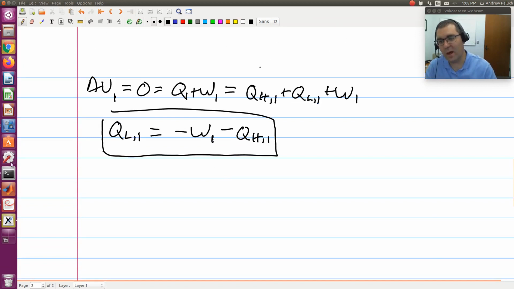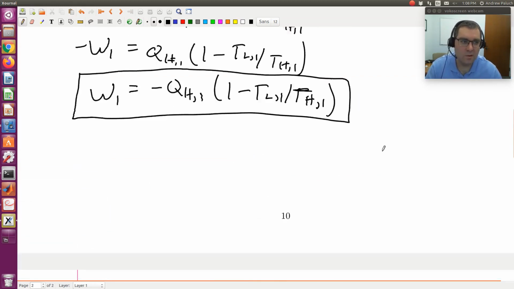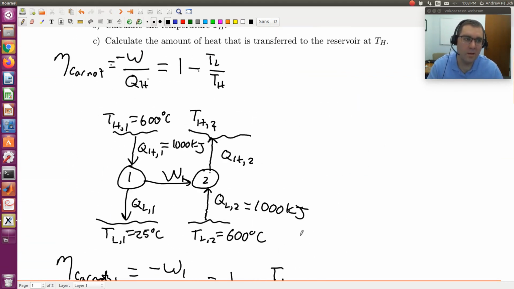So I would have that delta U2 is equal to 0, and that's equal to Q2 plus W2, where Q2 is going to correspond to QH2 plus QL2. Now for W2, I just need to make sure I get the sign right, and when I calculate the sign of all my terms, we can check to make sure it's right.